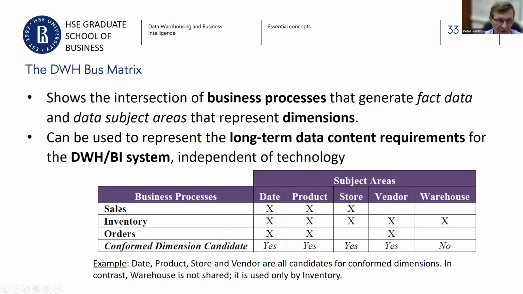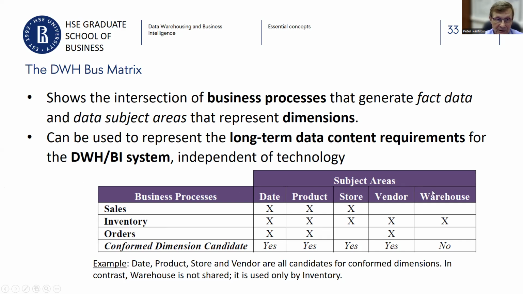We have three major business processes: sales, inventory, orders, and we have data required by those business processes, such as date and product.